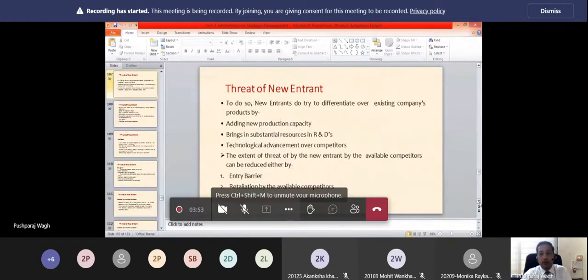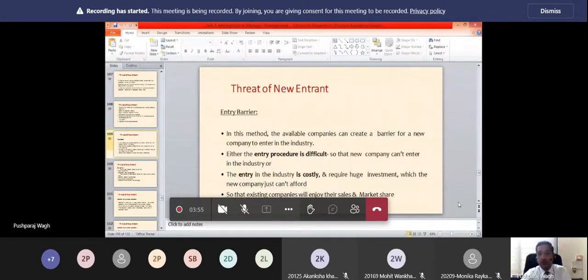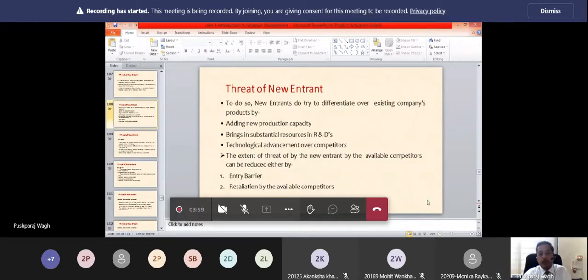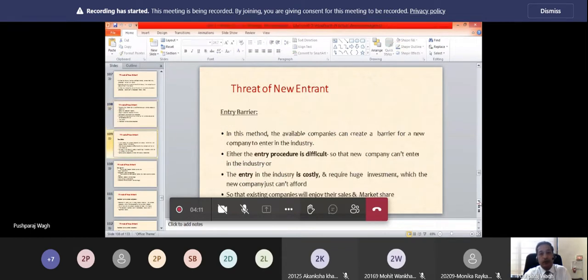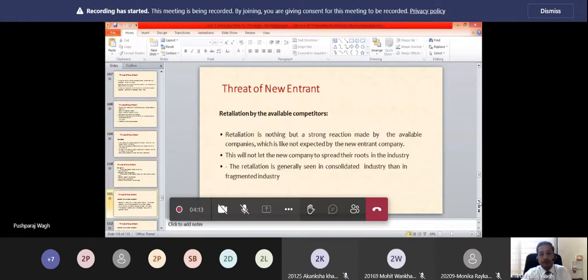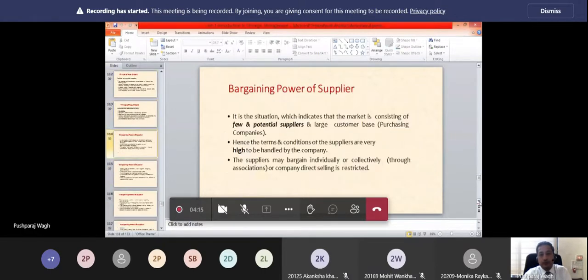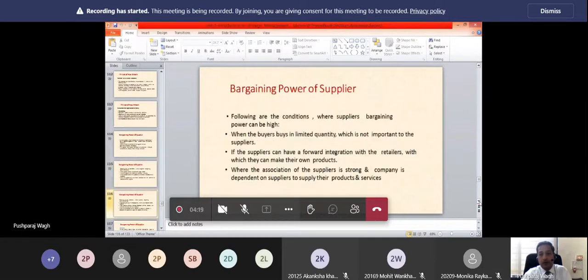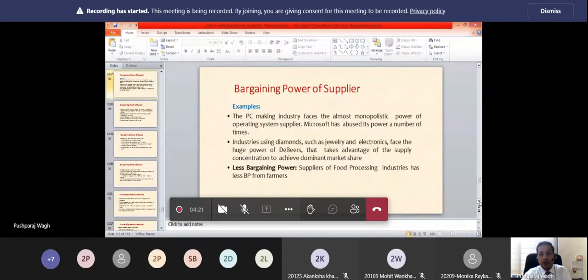I think 2 of the forces we have discussed in detail, that is threat of new entrants. What is that threat of new entrants, and how that threat can be reduced by having different ways, like having some entry barriers or retaliation by available companies, that we have discussed. Also, we discussed the bargaining power of suppliers. What is that bargaining power of suppliers?